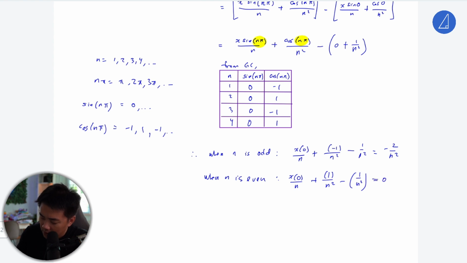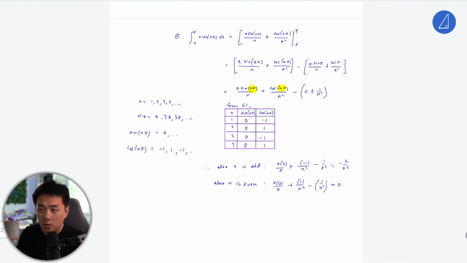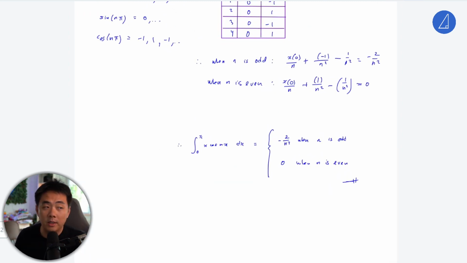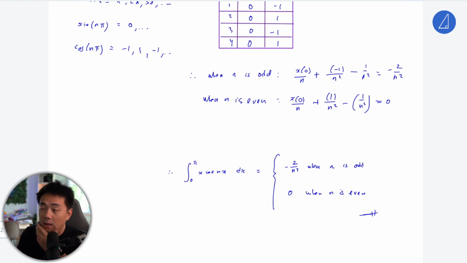This will be 0. Just remember, you can either understand it from the perspective of a multiple of pi and use your trigo knowledge, or you can just use the GC to evaluate. So I'm going to write this as a piecewise function: the integral from 0 to pi of x cosine nx dx is -2 over n squared when n is odd, and when n is even, it's just 0.